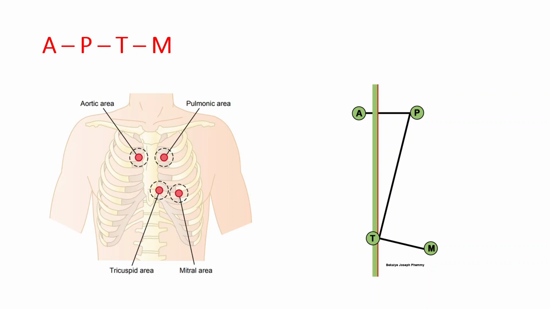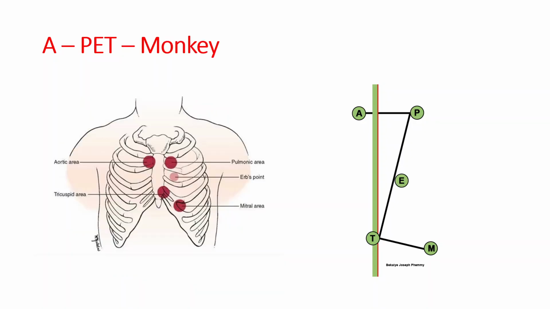So comparing our drawing with a picture, you see it: aortic area, second right; pulmonary area, second left sternal border. Then we have the tricuspid area, the fourth intercostal space, and we have the mitral area at the apex. Now introducing the Erb's point.